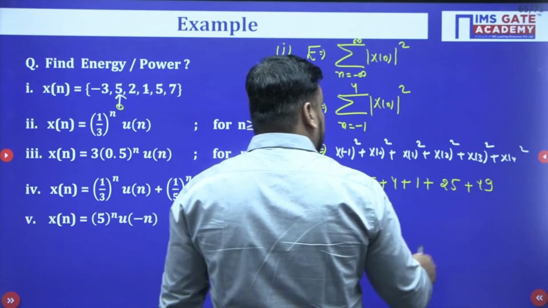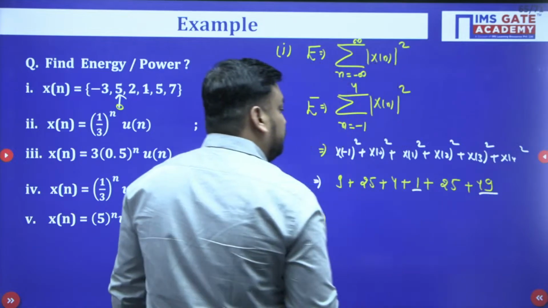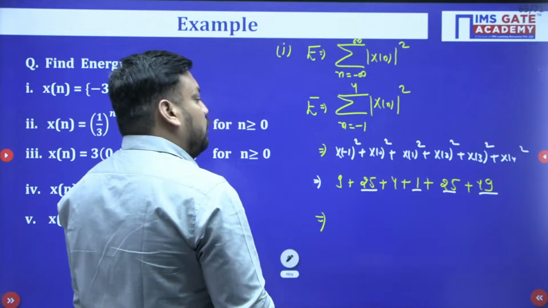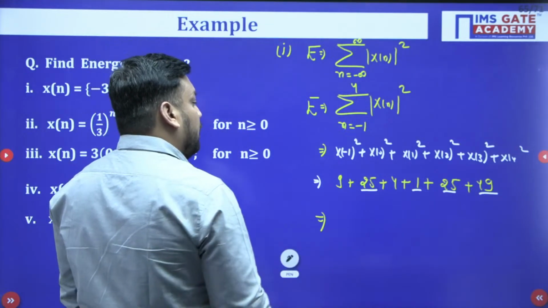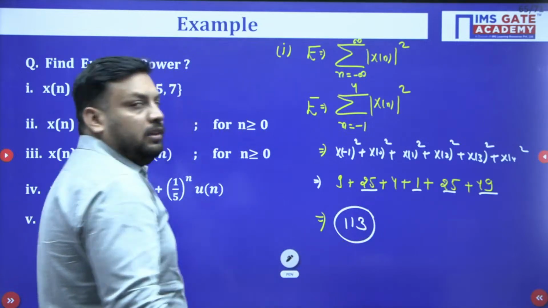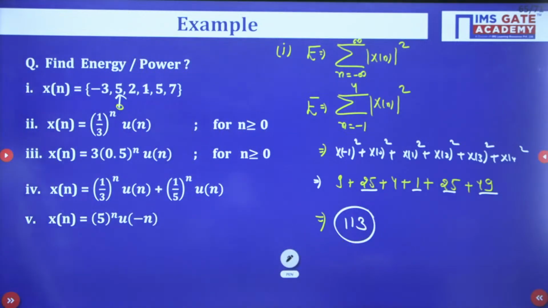So now ultimately, 49 plus 1 is 50. Similarly 25 and 25 again 50. So 50 and 50 is 100. So what will you get? Is it 113? Just check it again, because 9 plus 4 is only left. हाँ या ना बेटा?